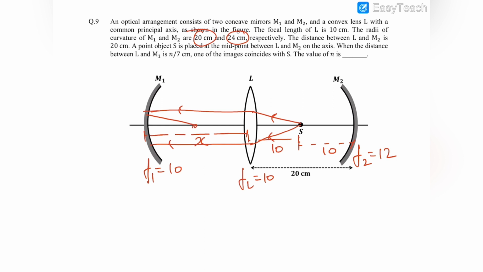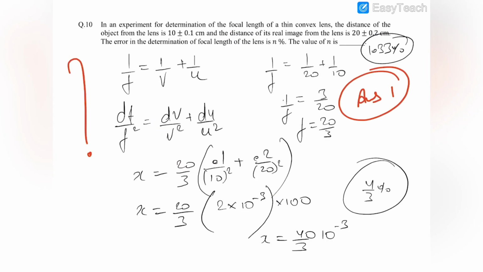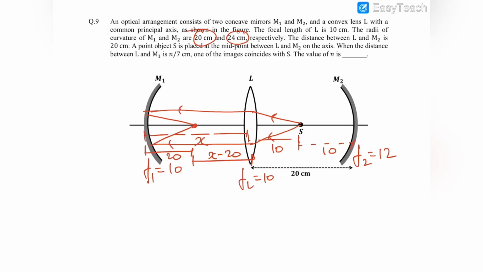So the radius of curvature would be 20. So this is 20, and this distance would be x minus 20. So this x minus 20 would be the object for this lens. Let us draw another diagram.